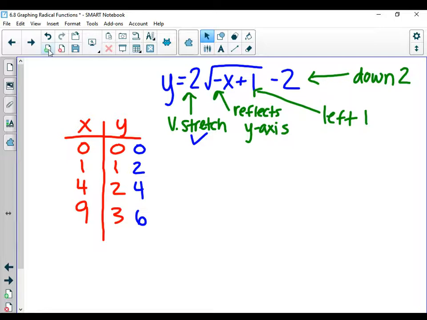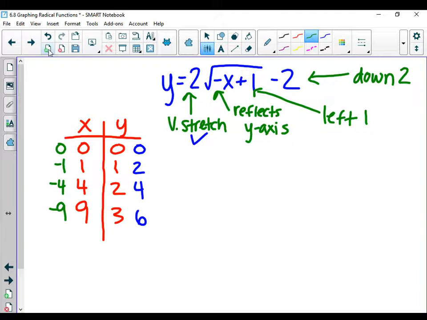Okay. What about reflecting over the y-axis? Who does that change? Your x. Okay. So if it was positive, now it's negative. Well, 0 doesn't change, but these change to negatives. Okay, so I did my reflection over the y-axis. If I go left 1, who does that affect?